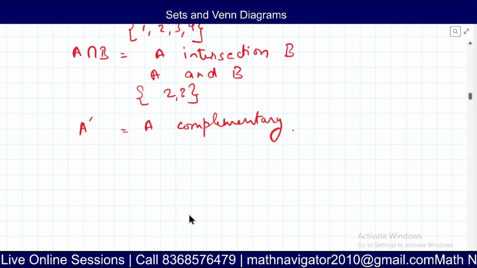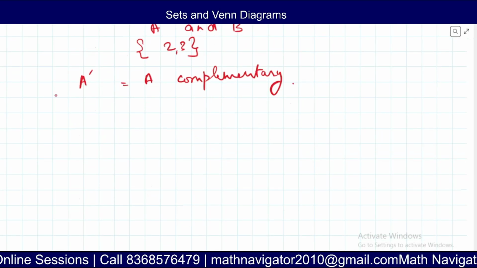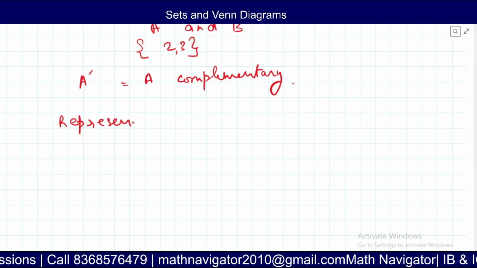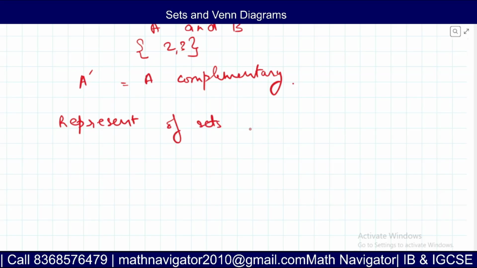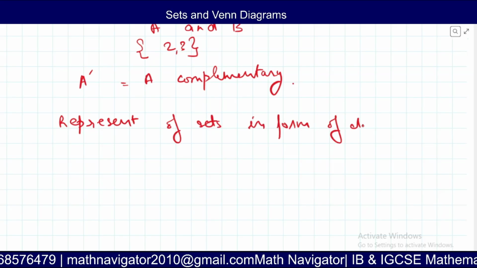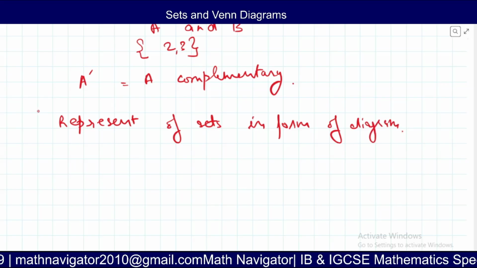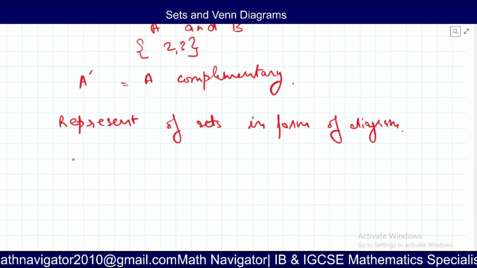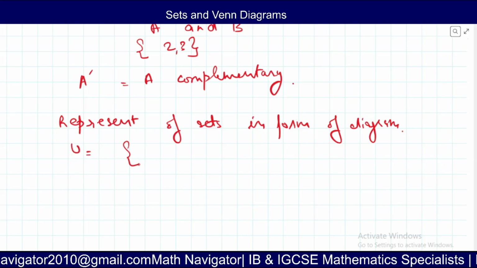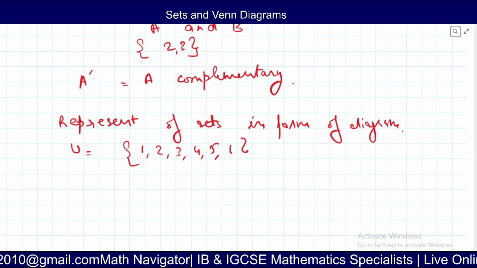Now let's take some situation. Let's say, what is a Venn diagram? A representation of sets in the form of a diagram. Got it? So let's talk about how we represent them. I'll take a situation. U is equal to 1, 2, 3, 4, 5, 6.